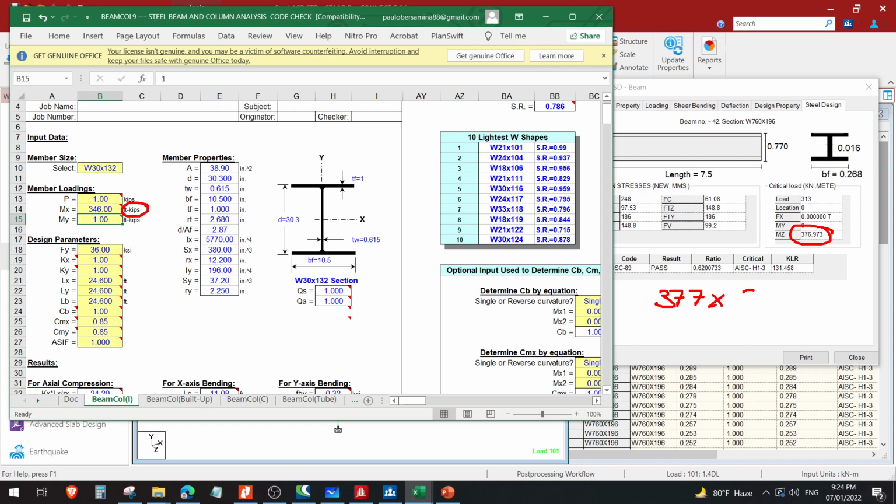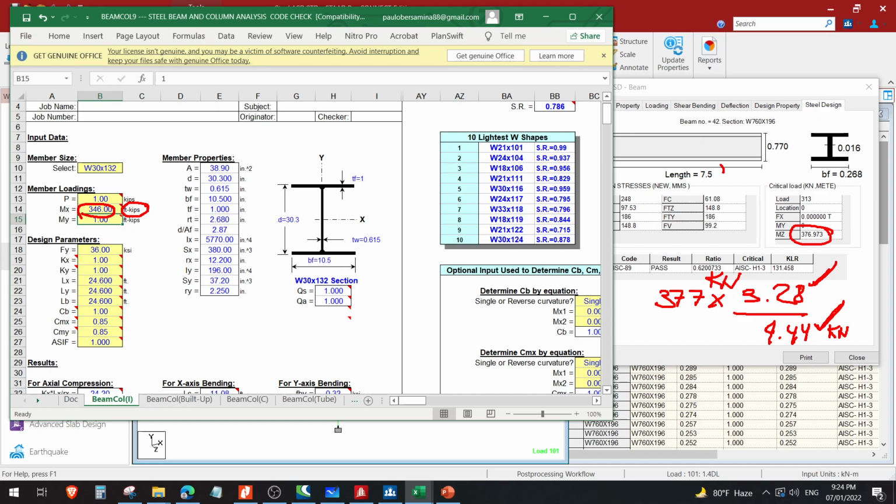So, multiply natin sa 3.28 divided by 4.44. Ito to convert into feet. Ito naman is to convert into kips. And we got 346 kip feet.